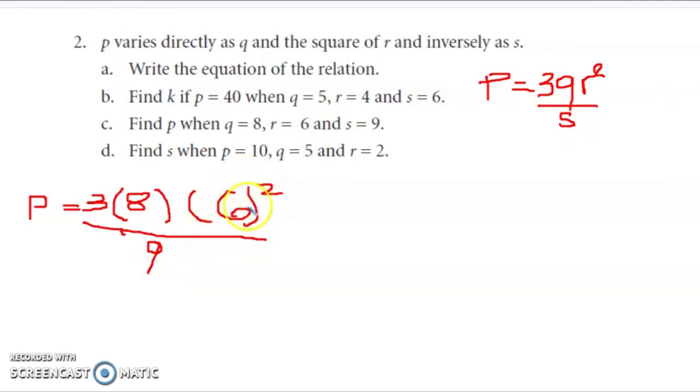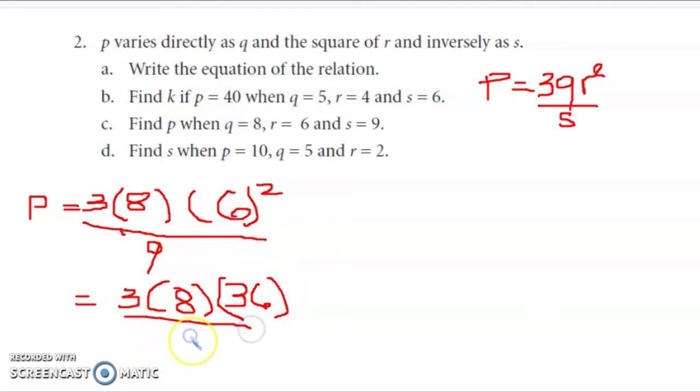So I'll be simplifying this. 6 squared is 36. So that is equal to 3 times 8 times 36 all over 9. I could use cancellation of factors because 36 is divisible by 9. 36 divided by 9 is 4.